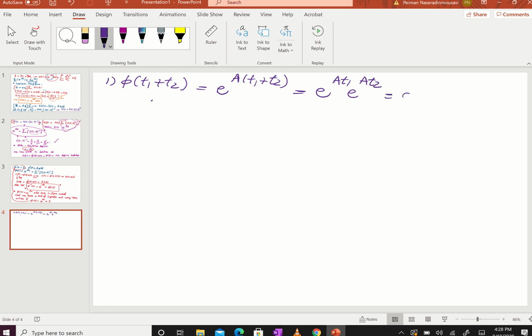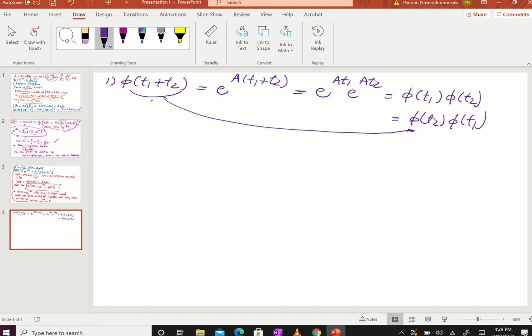This is equal to phi t1 phi t2, or equal to phi t2 phi t1. This is one property.